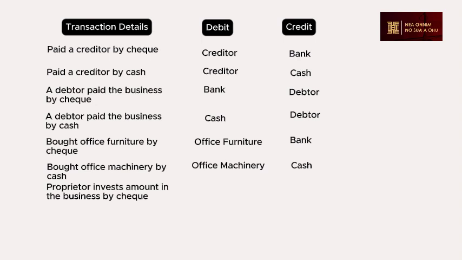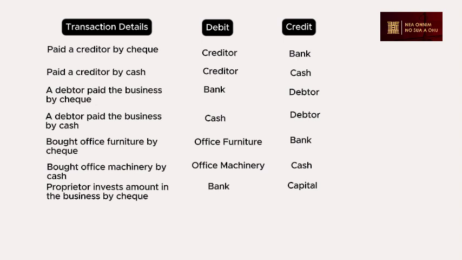And so the proprietor's account is what account? The capital account. And that proprietor is the one who is making the payment by check into the company's account. And so once it's by check, it's going into what? The company's bank account. So what are the two accounts here? The capital account and the bank account. I hope that is clear.